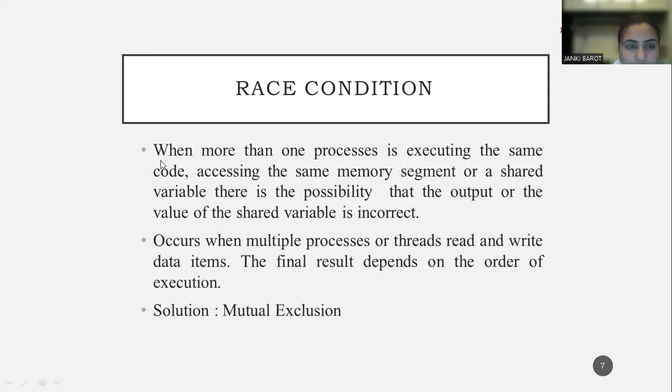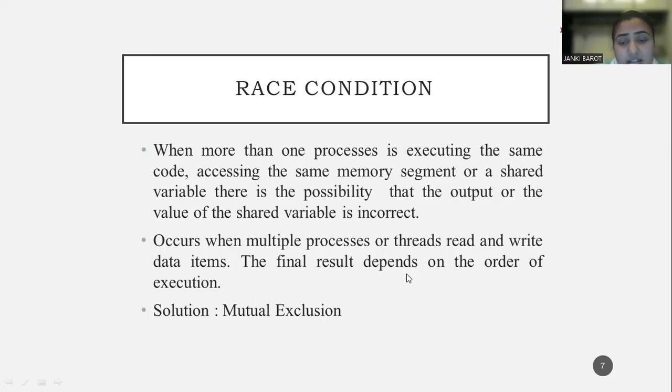Now you can understand that when more than one process is executing the same code, accessing the same memory segment or a shared variable, there is a possibility that the output or the value of the shared variable is incorrect. It occurs when multiple processes or threads read and write data items.